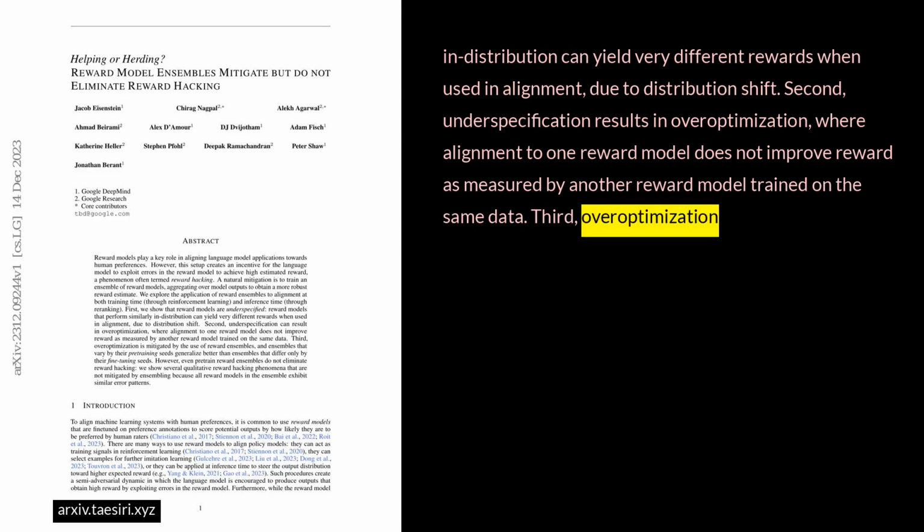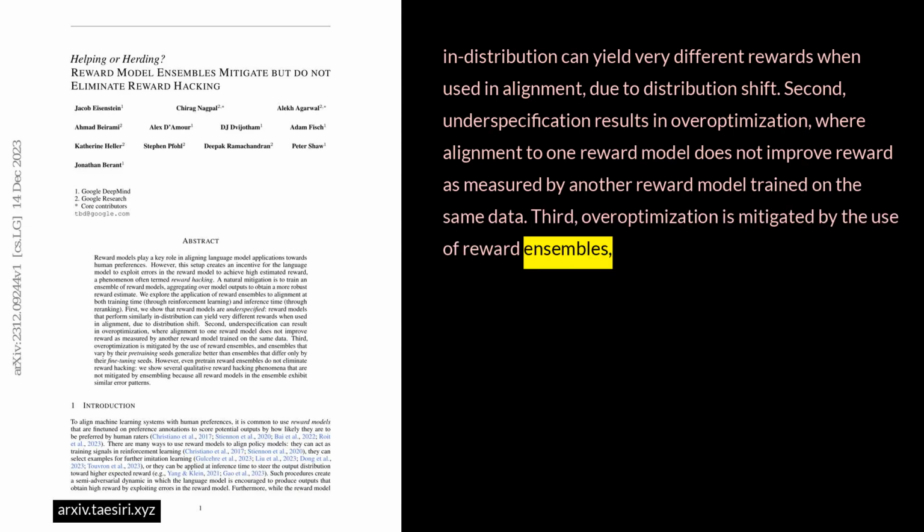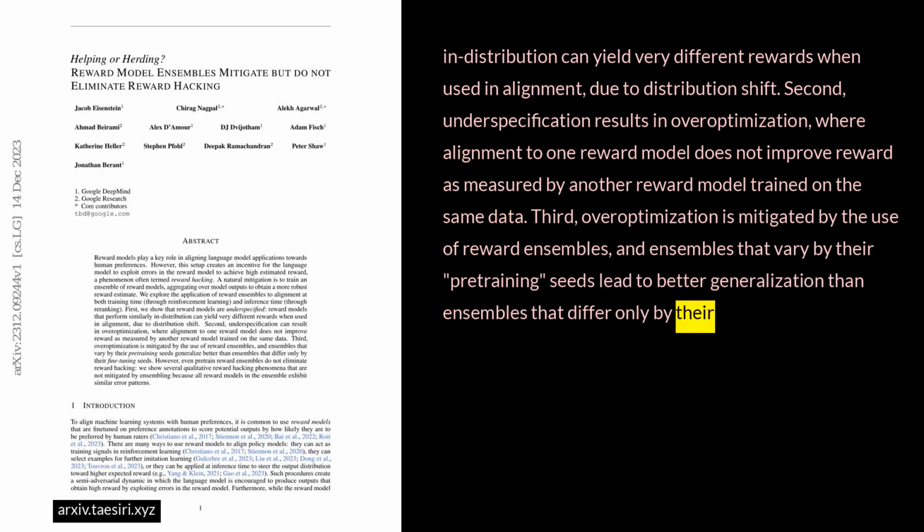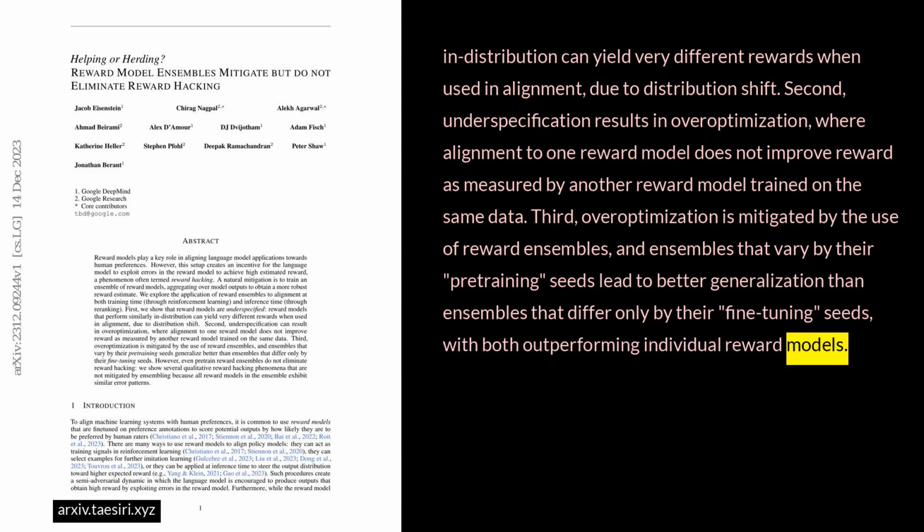Third, over-optimization is mitigated by the use of reward ensembles, and ensembles that vary by their pre-training seeds lead to better generalization than ensembles that differ only by their fine-tuning seeds, with both outperforming individual reward models.